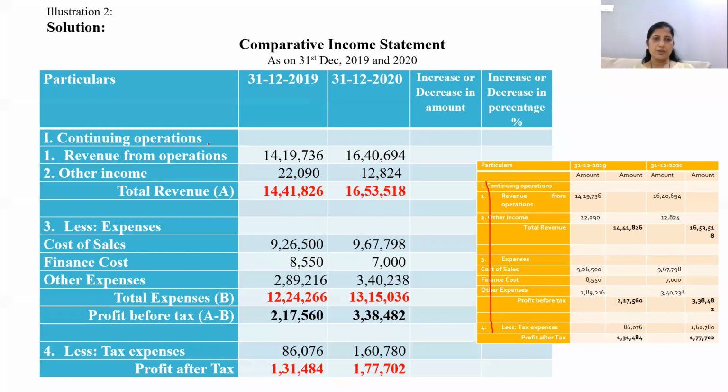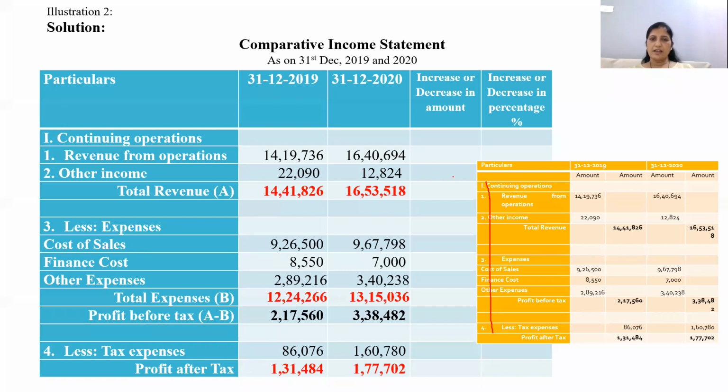Continuing operations, revenue from operations, other income, total revenue, I've written A, less expenses, cost of sales, finance cost, other expenses, then you get total expenses, this part. So profit before tax, less tax expenses, profit after tax.